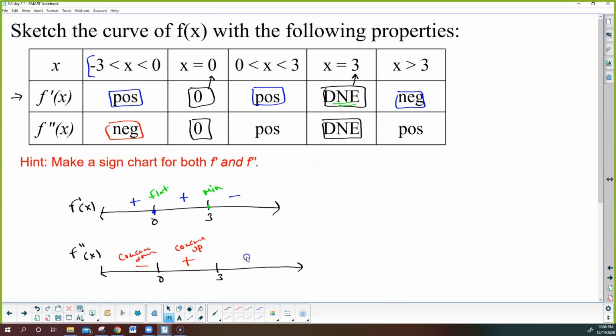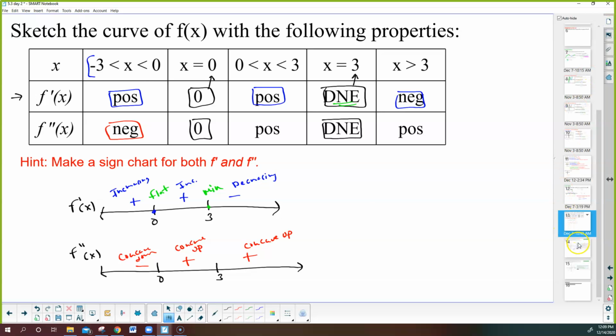And then anything past 3 is positive as well, so concave up. Okay. Now, I should have mentioned this, when f prime is positive, the original function is increasing, and when negative, decreasing. So all those conclusions that we've learned can still be true in a table. My recommendation is, if I give you a table, turn it into a sign chart, and you'll be able to make a lot more conclusions faster.